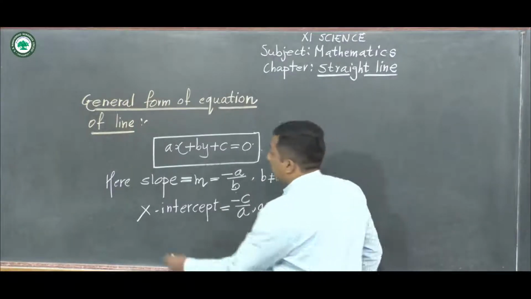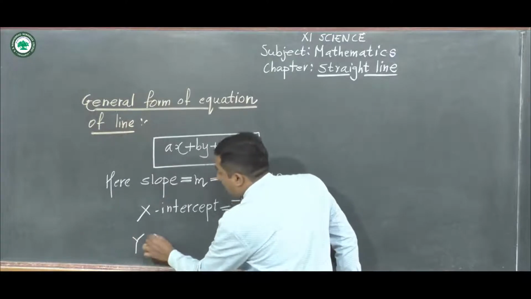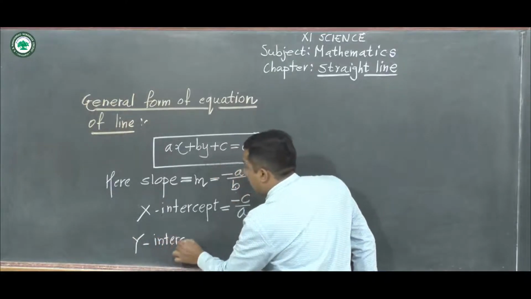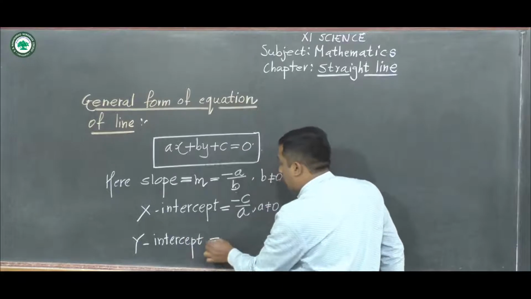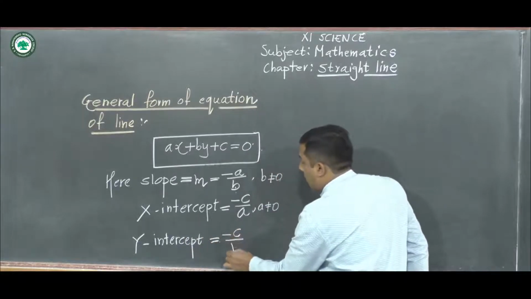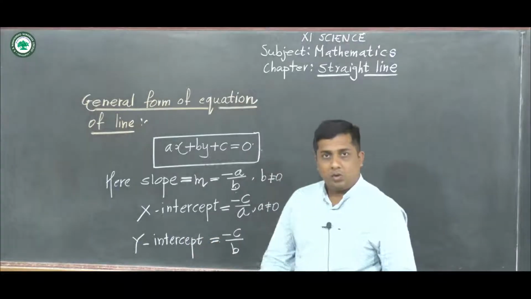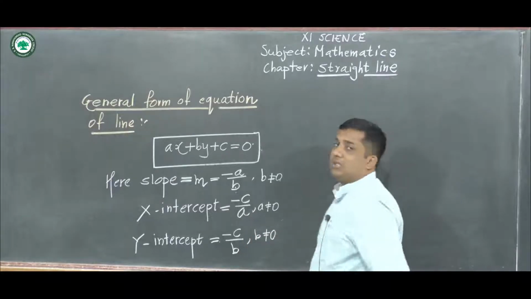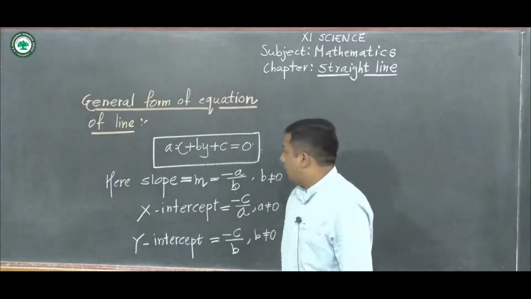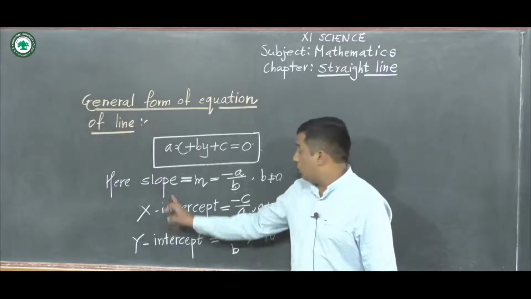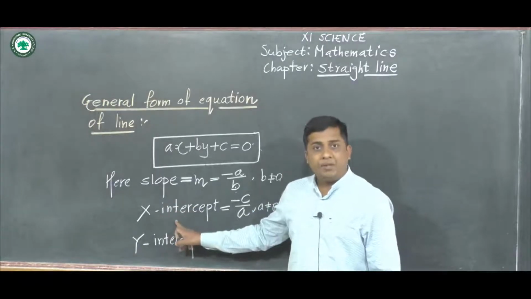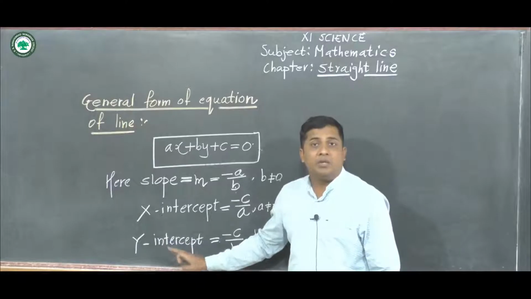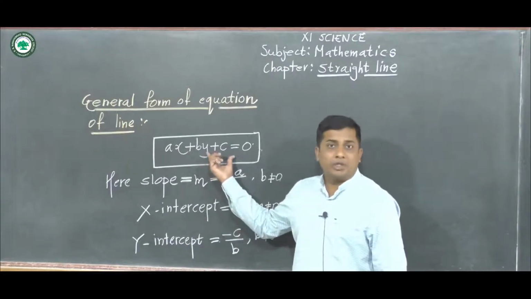Now we define the y-intercept. The y-intercept is equal to minus c upon b, and here also b is not equal to 0.